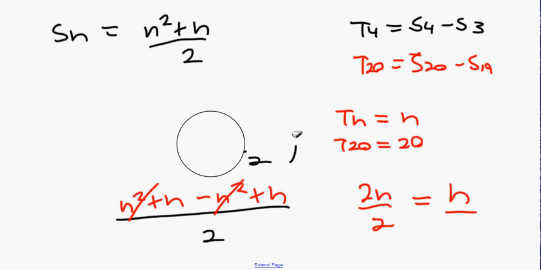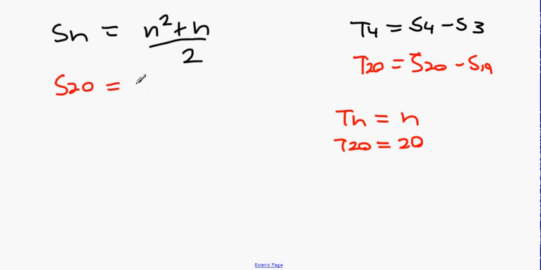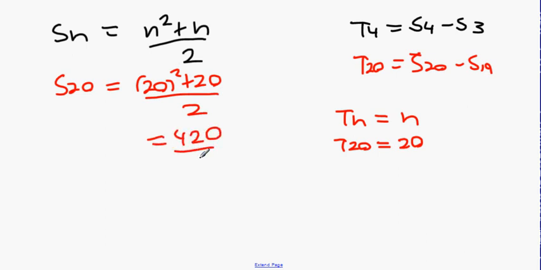Now, if you wanted to do a different way, T20 is S20 minus S19, and S20 is 20 squared plus 20 divided by 2, which is 420 divided by 2, which is 210.